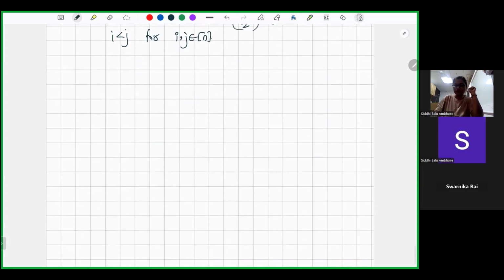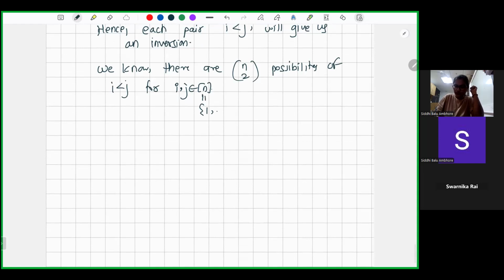This symbol I hope you know. This is just shorthand for the set 1 to n. So z of sigma hence is n choose 2. And you can do this for other examples also.